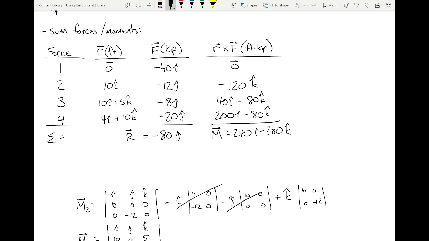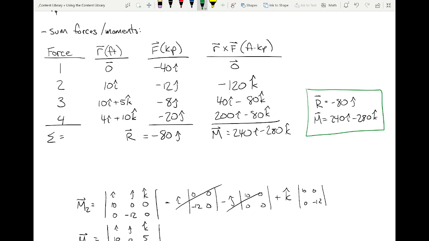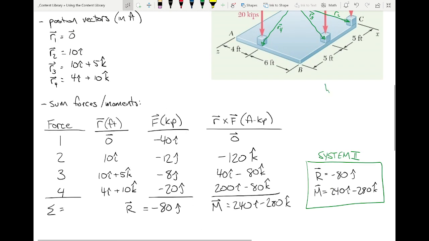So to draw the analogy from what we did last time, we now have a system that has R is negative 80J and M is 240I minus 280K. This is system 2, and if this is system 1, system 1 has a bunch of individual loads.